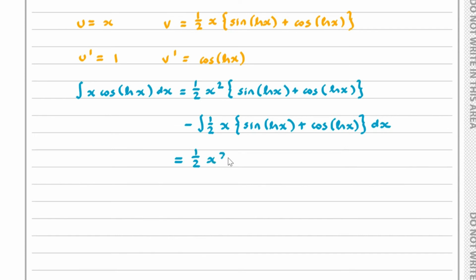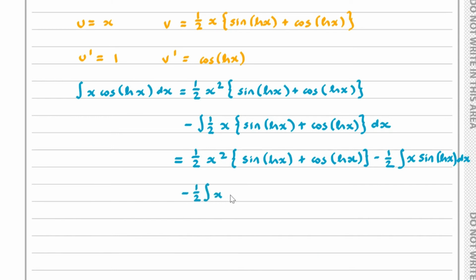So I've got 1/2 x squared times by the sine of natural log of x plus the cosine of the natural log of x, and then we've got minus 1/2 of the integral of x times by the sine of natural log x, and then we've also got minus 1/2 times the integral of x times by the cosine of natural log x dx.